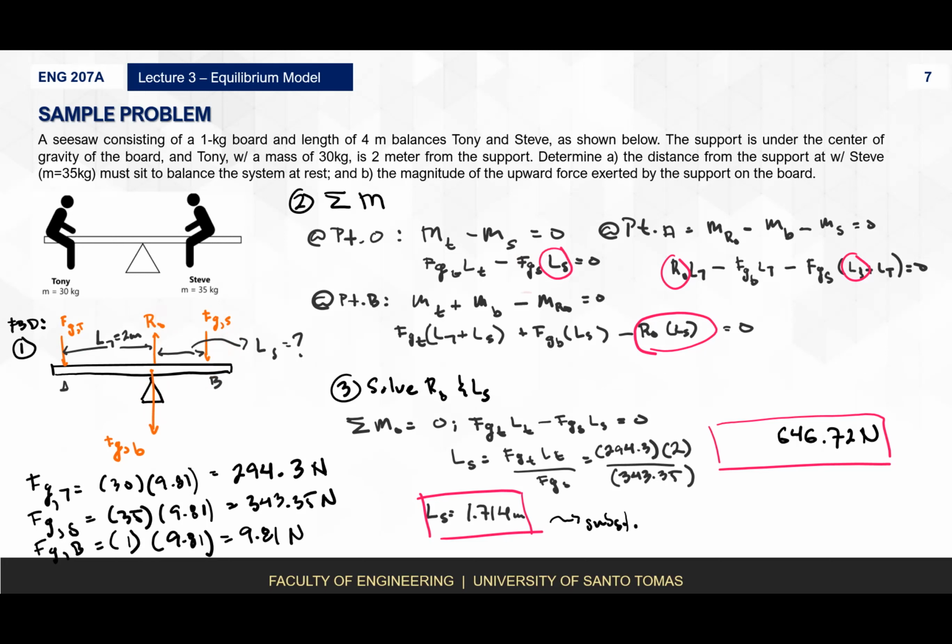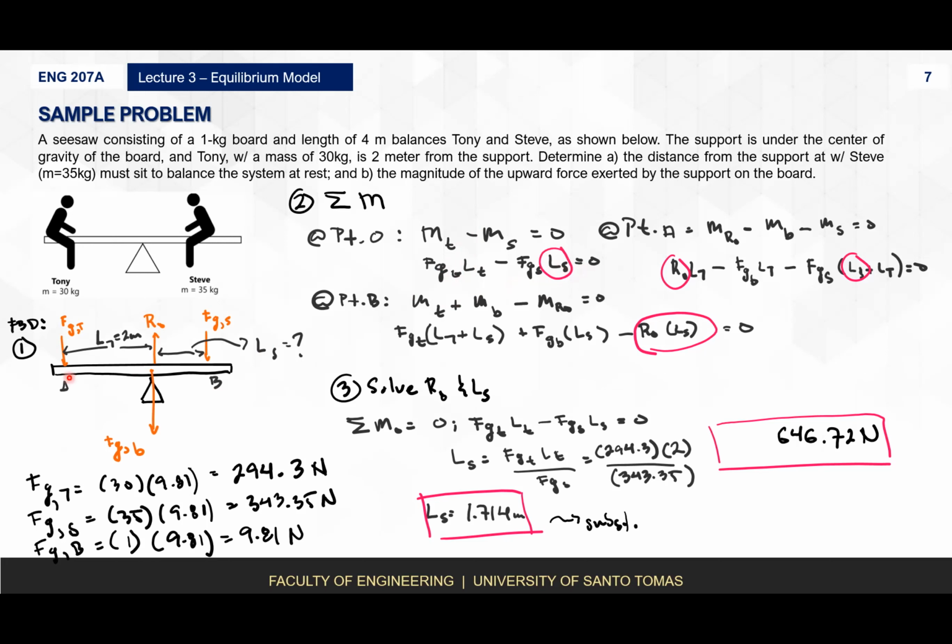So we have negative moment for Steve. On the other side naman, si Tony moves counterclockwise. So that's positive moment siya. And you just lay down yung definitions ng moment nila. That will be force ni Steve times the distance towards the center, and you multiply yung distance ni Steve by yung hinahanap nating LS. Okay? So that's one.